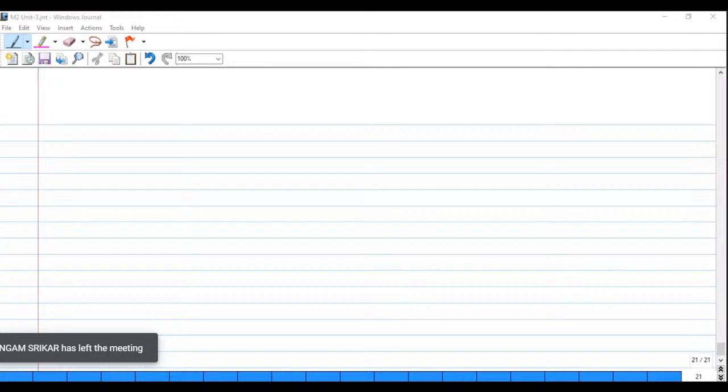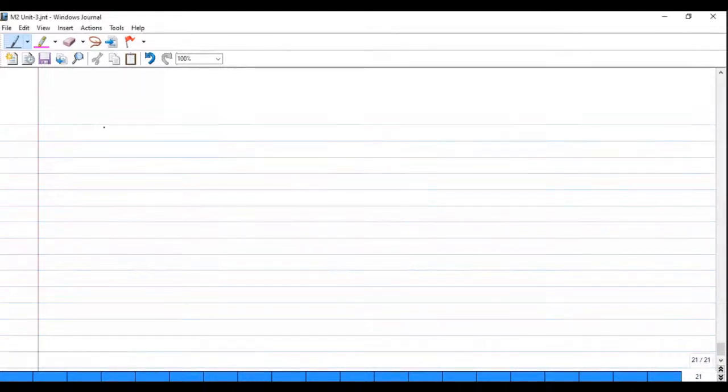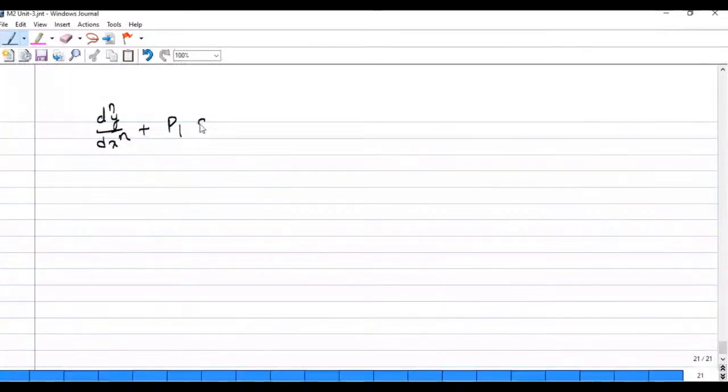d^n y/dx^n + p1 d^(n-1) y/dx^(n-1) + and so on + pn y = some function of x.